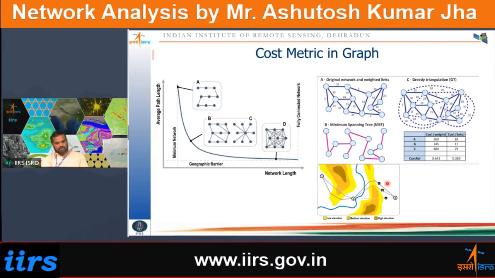Then we can also use weighted networks. Once we have the cost of different nodes and edges available to us, we can compute the minimum spanning tree. It's basically the shortest or low cost distances which is possible to find to go from one place to another place.